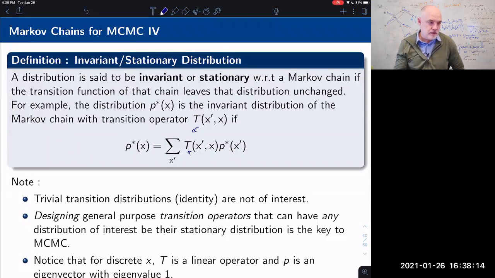And what you have here is that P star is an eigenvector of T with eigenvalue 1. And if you go a little bit further and recognize that T, because it's a conditional probability distribution, has row vectors that would be conditional probability distributions, that means that T is a stochastic matrix.